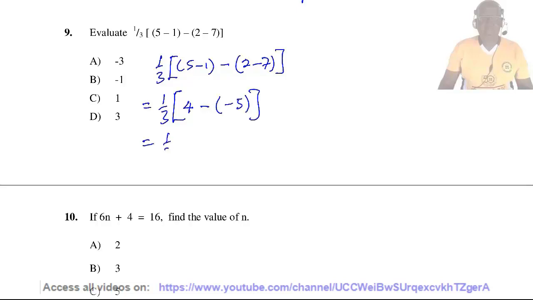Then 1/3 [4 minus minus 5 will give us plus 5], which equals 1/3 of 9. 3 goes into 9 three times. So the answer is 3, which equals D.